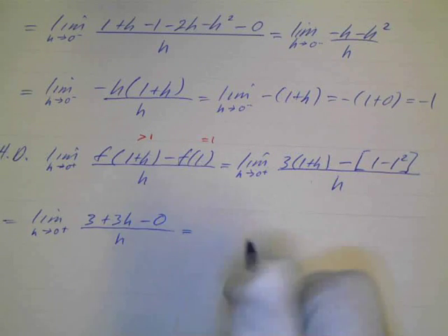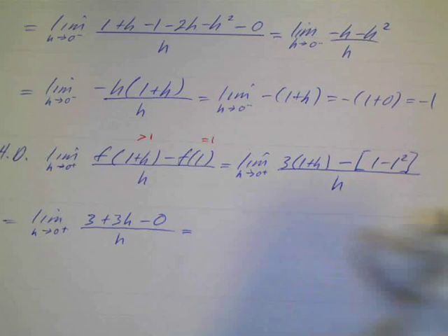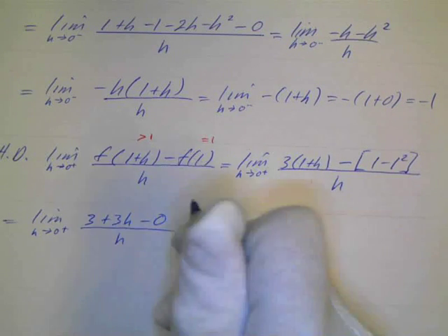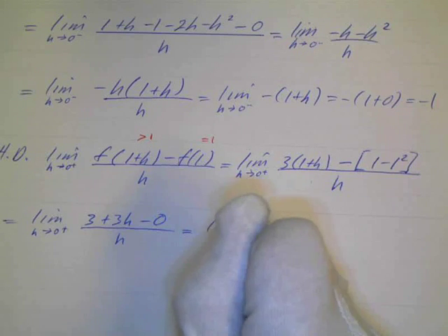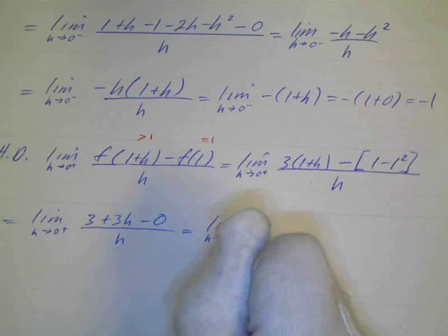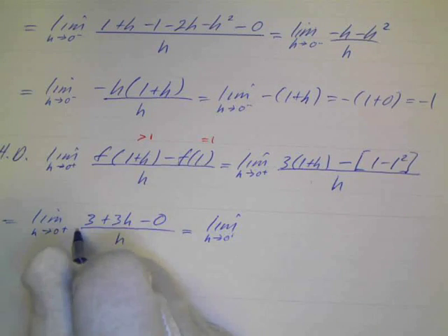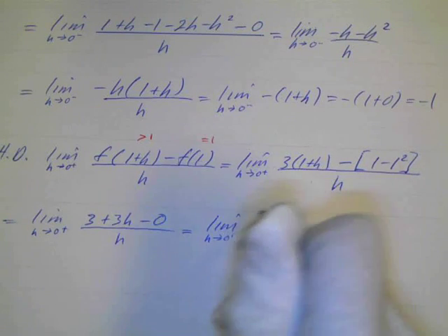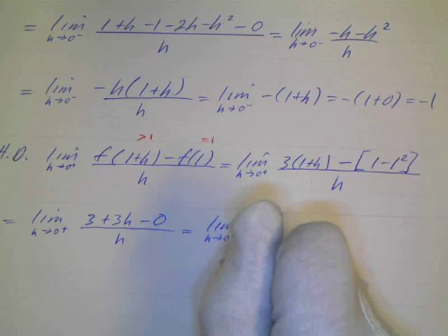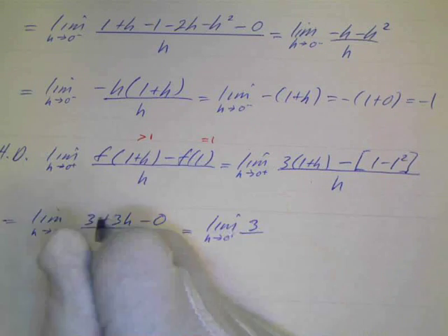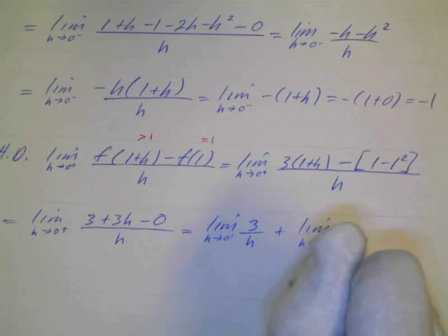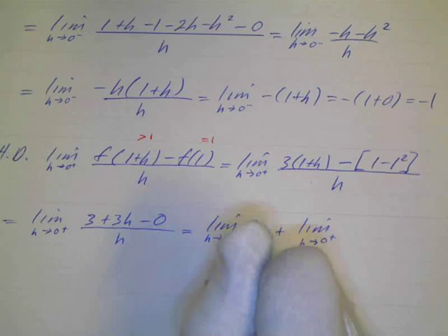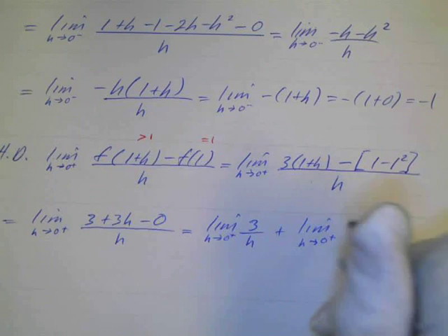Okay, so as I do this, I end up with a limit, and we're just talking about the derivative at this junction point, so this is where the issue is. So we have the limit as h approaches 0 from the positive direction of 3 over h, we'll break it up, plus the limit as h approaches 0 from the positive direction of 3h over h.